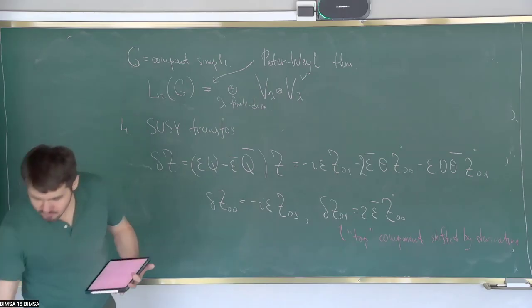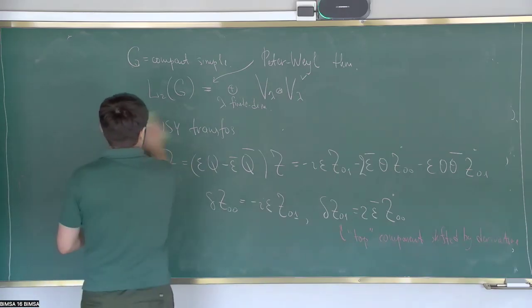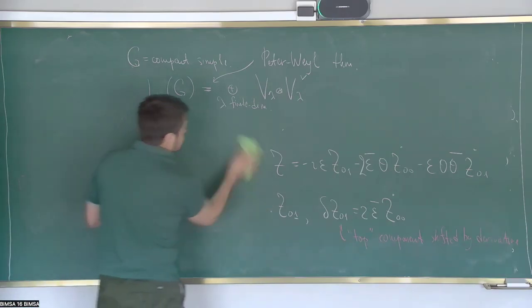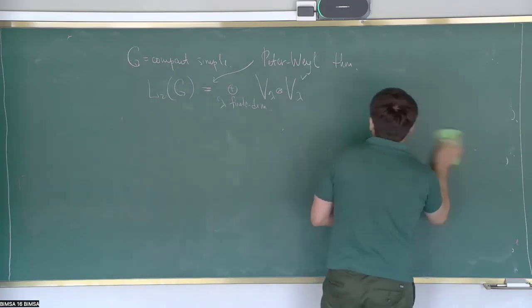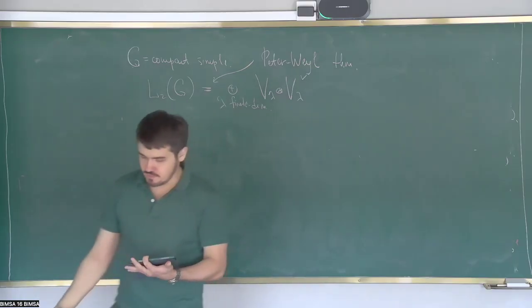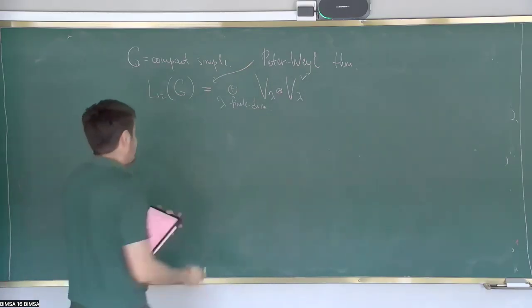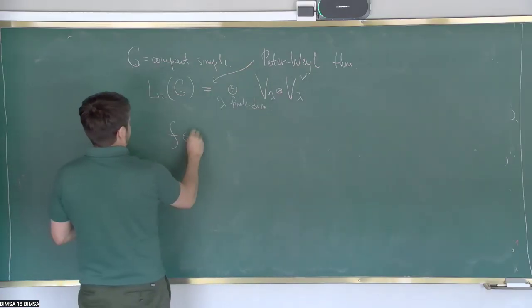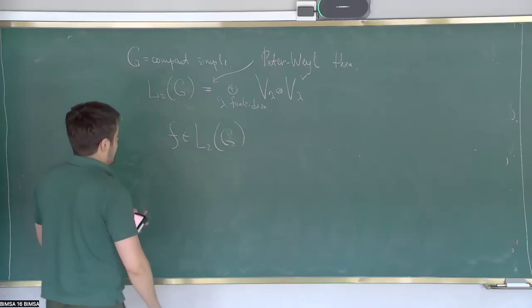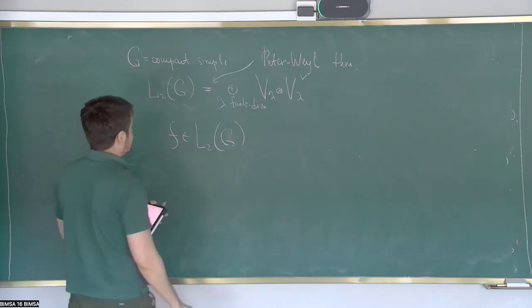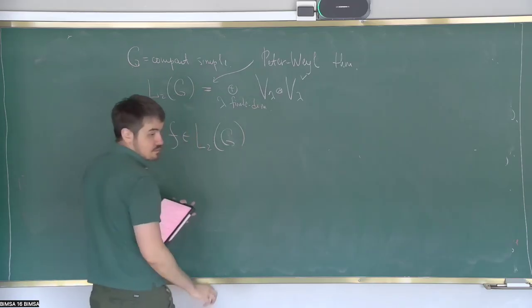So what we can do is we can impose some constraints on this. Namely, we will consider only functions in L2 of G that are annihilated by, that are highest weight with respect to the right action.